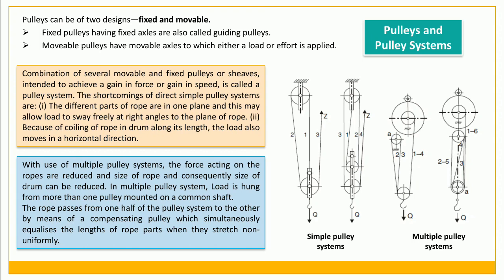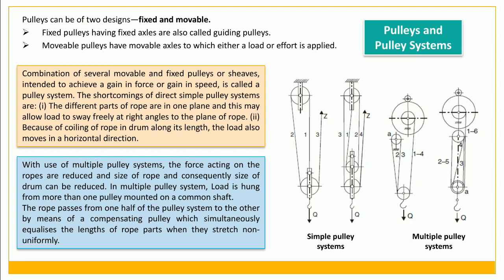Consequently, the drum size can also be reduced by means of the reduced rope size and reduced force. It also reduces the size as well as the weight, and it also reduces the cost of the entire mechanism.